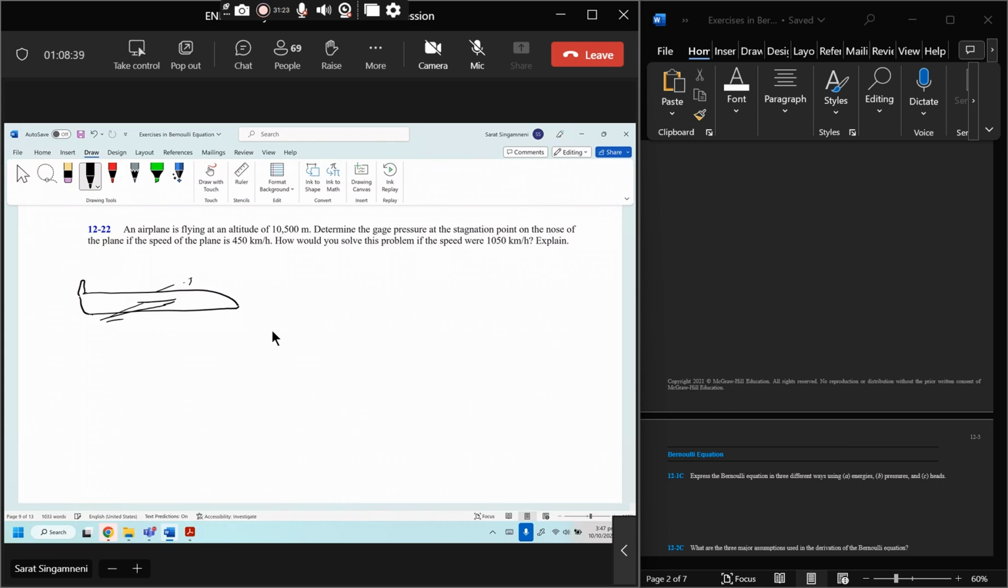is moving and air is coming and hitting it. Okay, let's take this point as 2 and a point up ahead as point 1. All right.